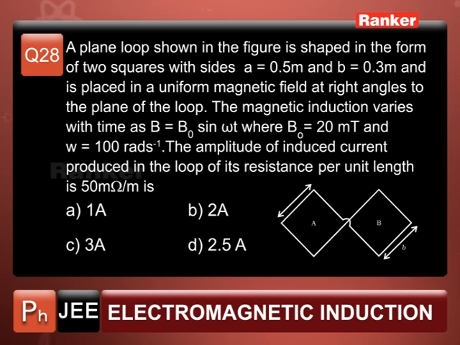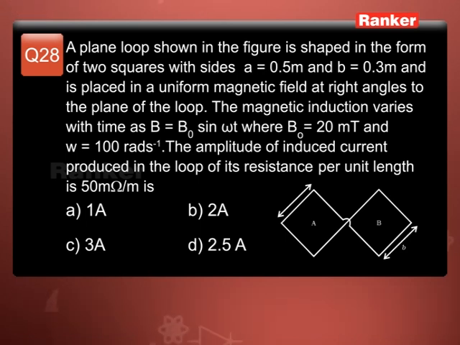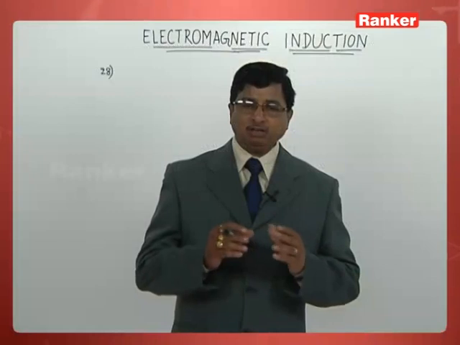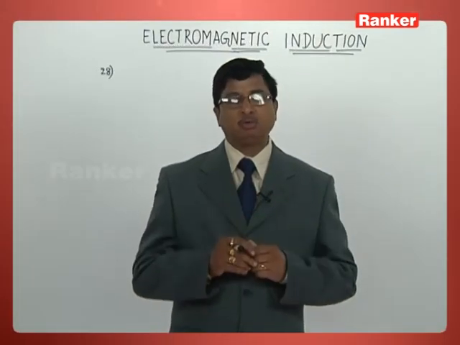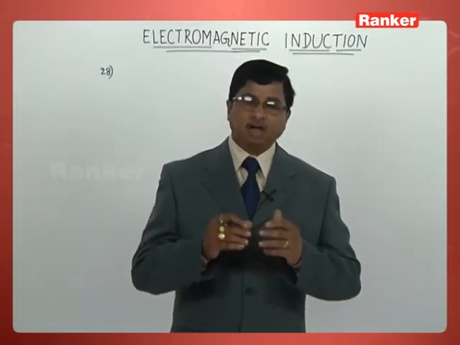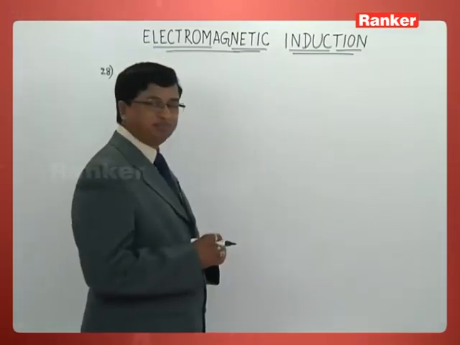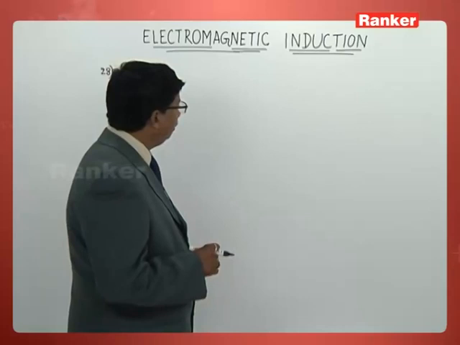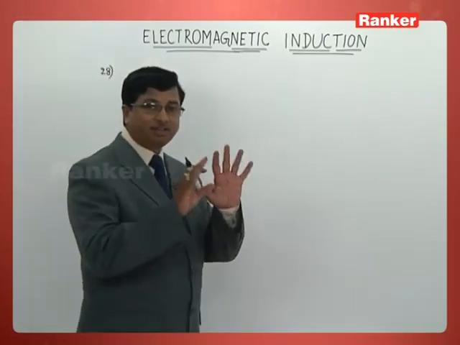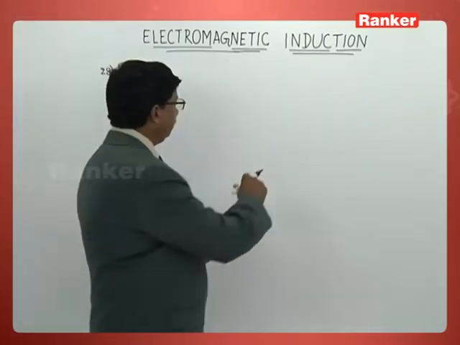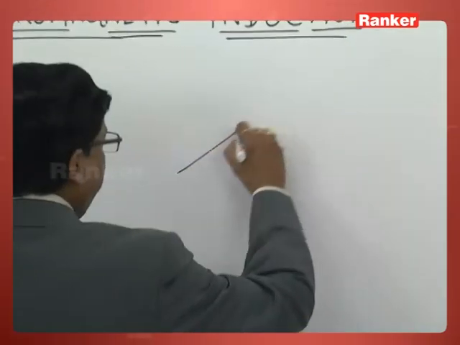First option is 1 ampere, second option is 2 ampere, third option is 3 ampere and fourth option is 2.5 ampere as such. So what exactly is the concept we people have to understand there? His concept is, first of all, if you see the figure, you can understand what exactly is his idea. He is just giving us a square this way.